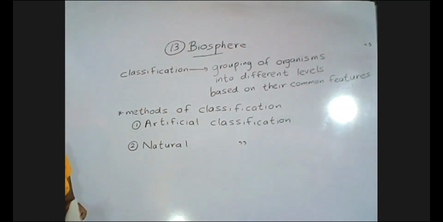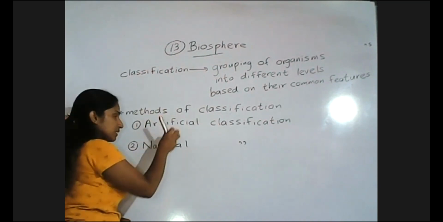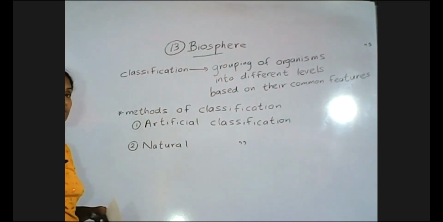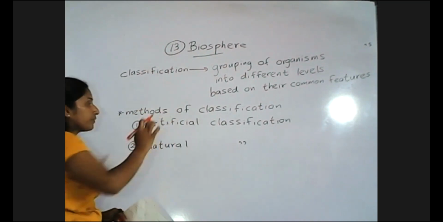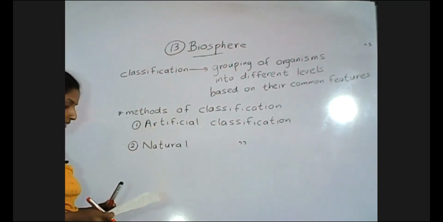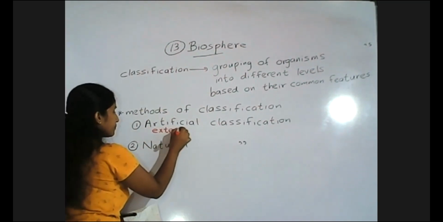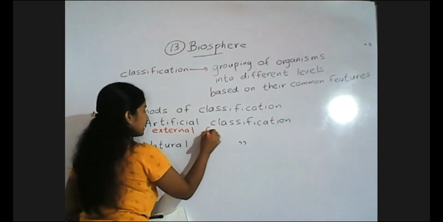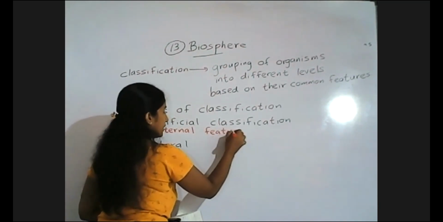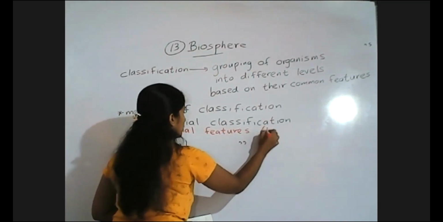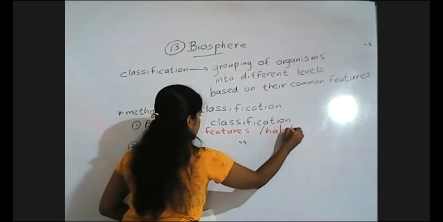In artificial classification, what is the basis? What do we use to classify the organisms when we use the artificial classification, right? There we use the external features, right? In artificial classification, we use external features or their living habitats.